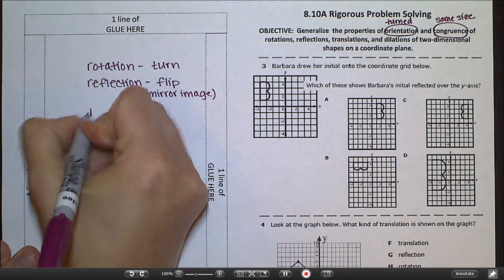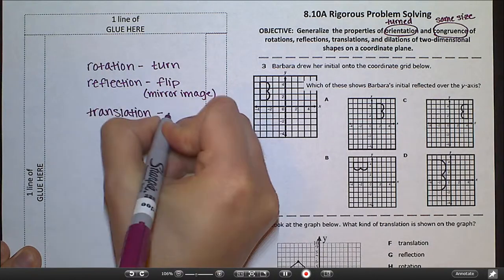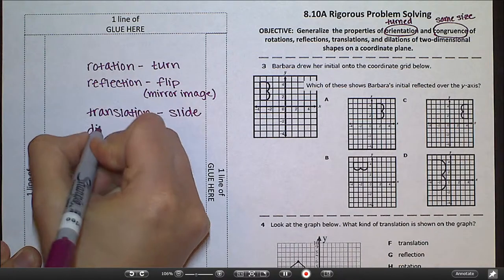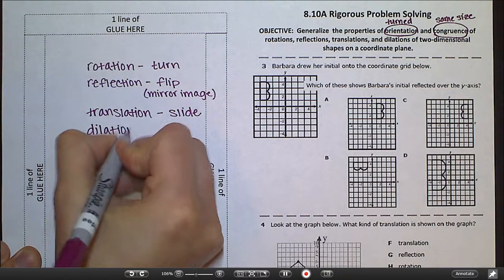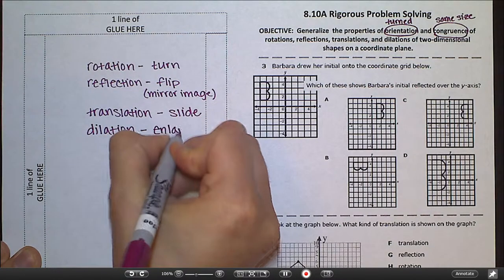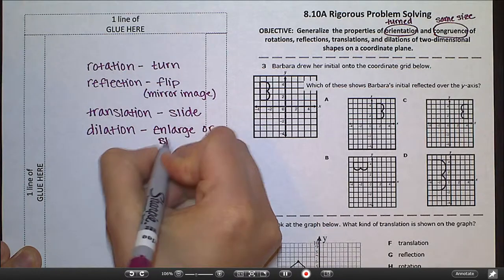A translation is a slide, and a dilation is an enlargement. So we either enlarge it or shrink it.